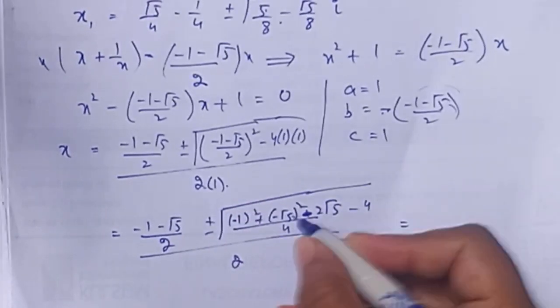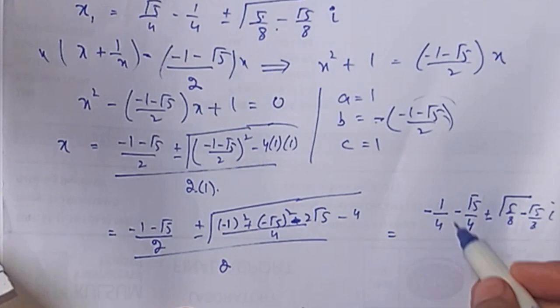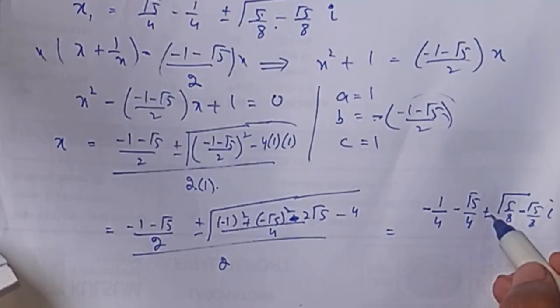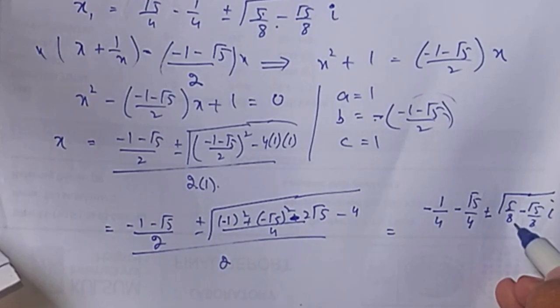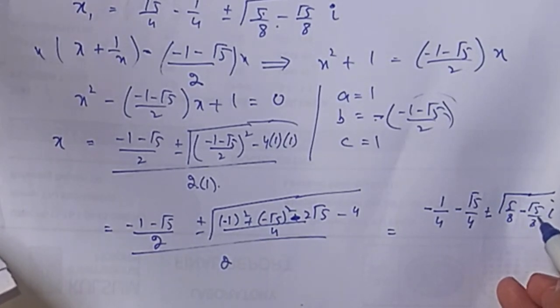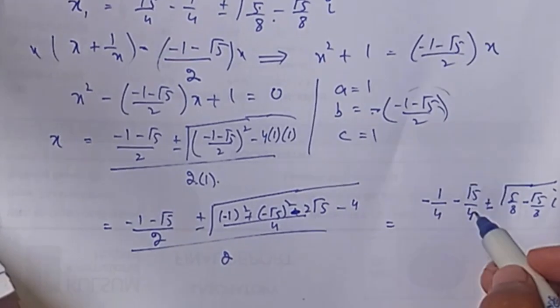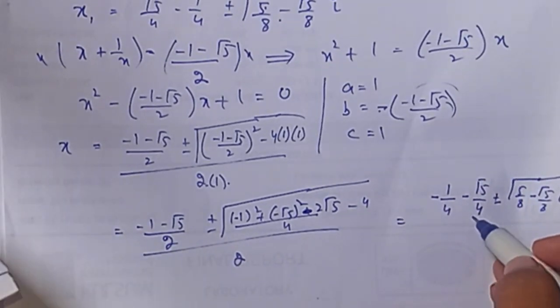Now we simplify this part, then we get minus 1 over 4 minus square root 5 over 4 plus minus square root 5 over 8 minus square root 5 over 8 iota, and this is our final answer. So we get five answers from this equation.